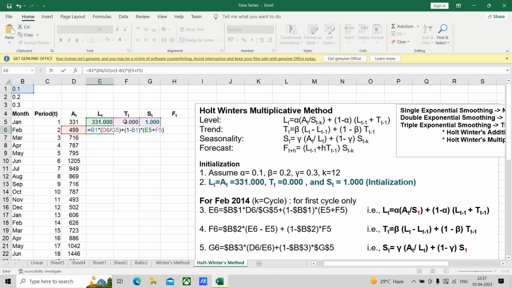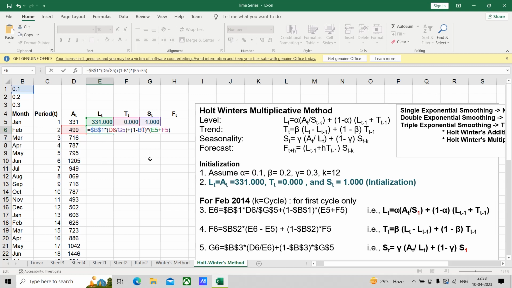It will calculate the value of the level data, that is also known as the base data. And in this case we will apply this B1 for each formula. The value is the same, so we make this cell absolute, and to make it absolute we press F4. F4 is the function key on the keyboard, then it will be converted to $B$1.